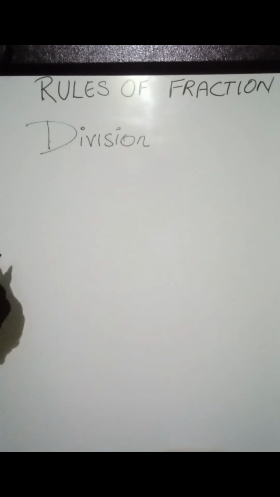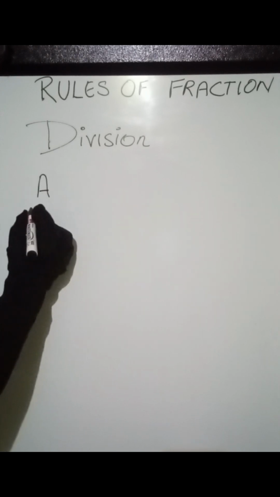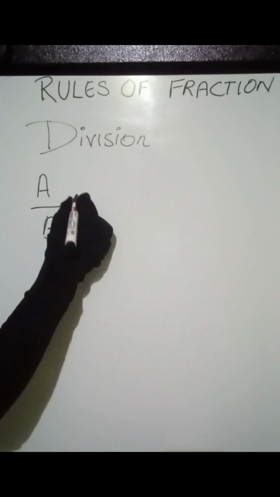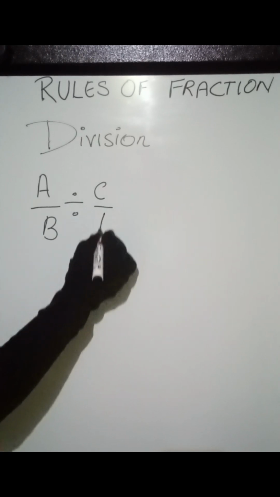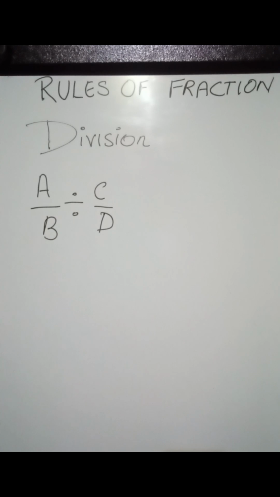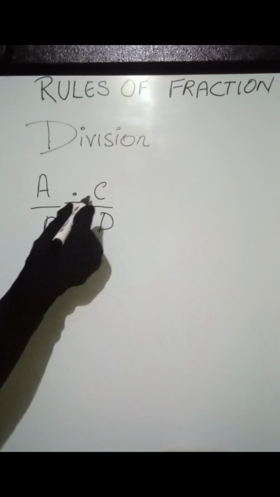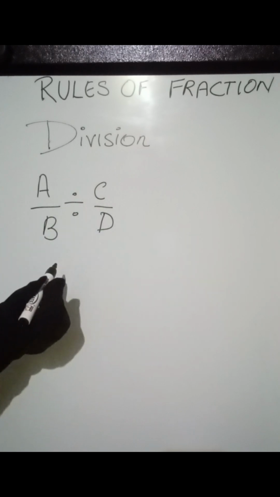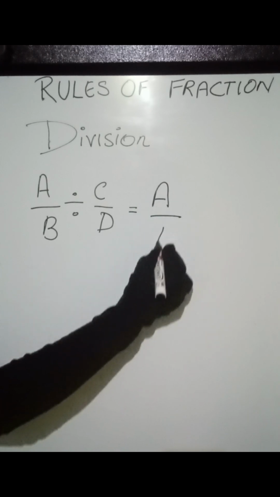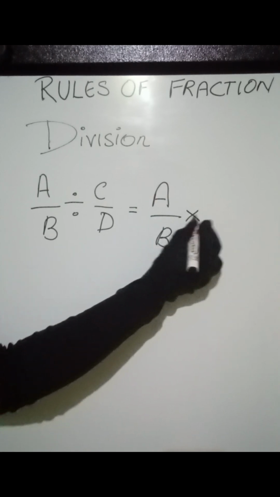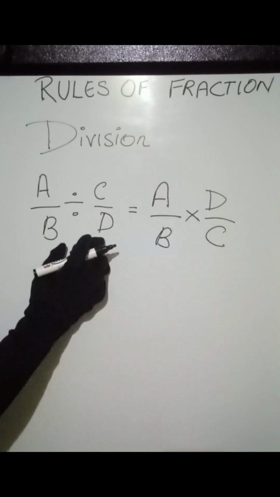Alright, division in fractions. Let's consider A by B divided by C by D. Here, when you have A by B divided by C by D, this will be equal to A by B into D by C. Can you see here?